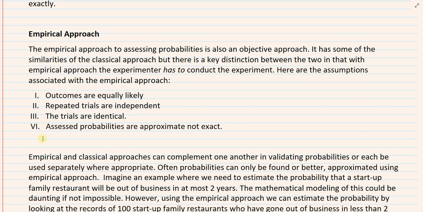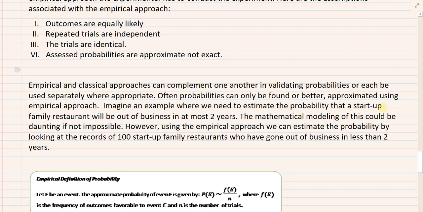The reason for that is because we conduct the experiment, and each person may conduct it in a slightly different manner, and the number of trials may vary. Because as you will see in the formula, the probability depends on the number of trials that's conducted.